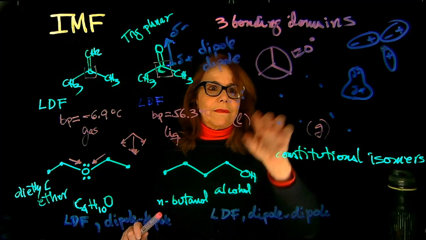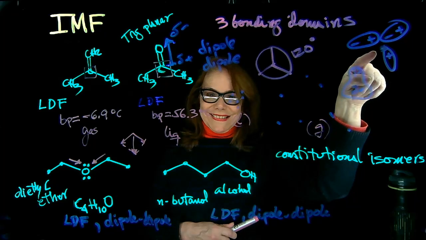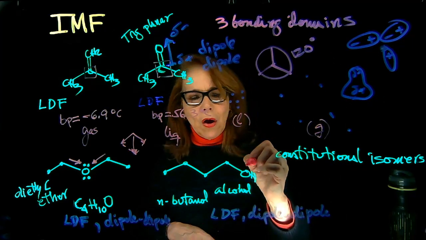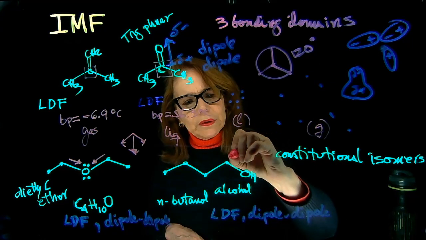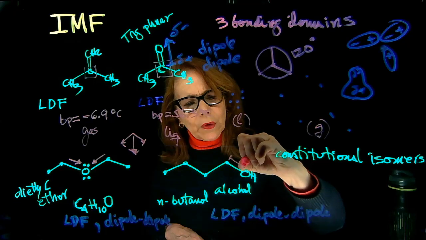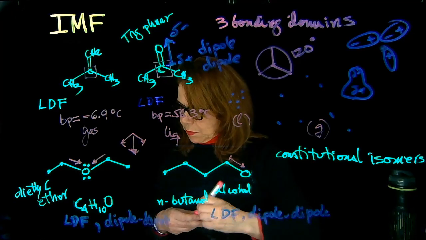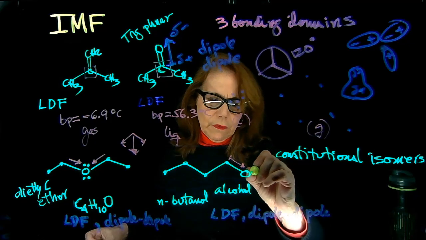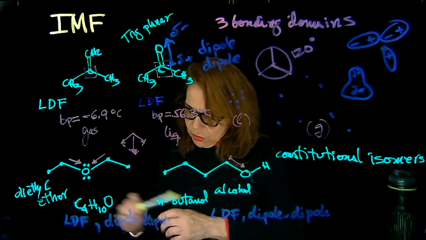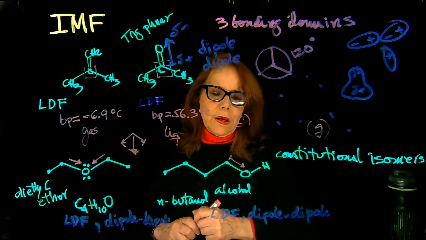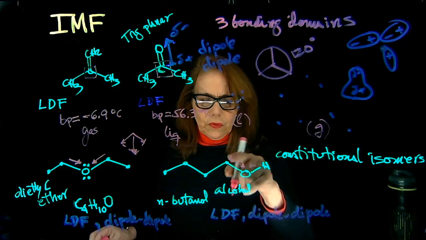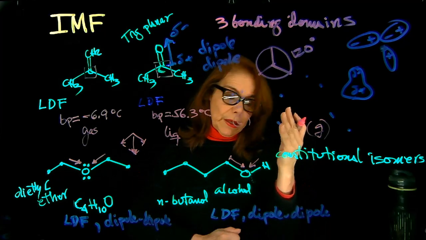For example, we can draw a vector from the carbon to the oxygen. Let's do this more explicitly: I can have the H here, with another vector pointing towards the oxygen. Those two vectors translate, so there is a permanent dipole.